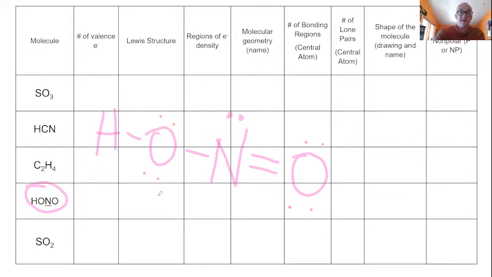You're going to find some here, some here, and some here. So 3 regions of electron density. So with 3 regions of electron density, what kind of shape is that going to give you? Tetrahedral. That's 4. Oh, trigonal planar. Yeah.